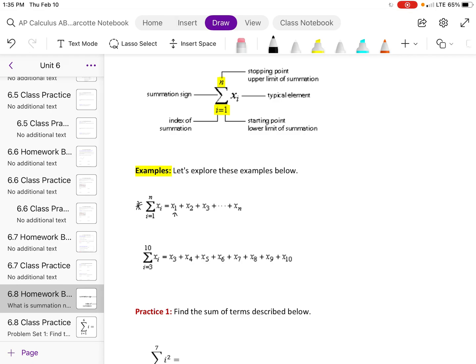So that's how you see the x_1 there. Plus, because now I'm summing to the second term, I go to the next whole number, which is 2, and I plug in 2 for i, which is x_2. Then I go to the next whole number, which is 3, and plug in 3 for i, so now I have plus x_3, and so on and so forth, all the way until my ending point, which is n.